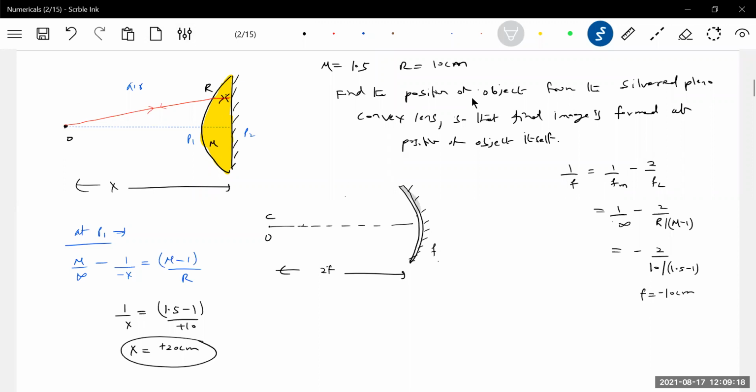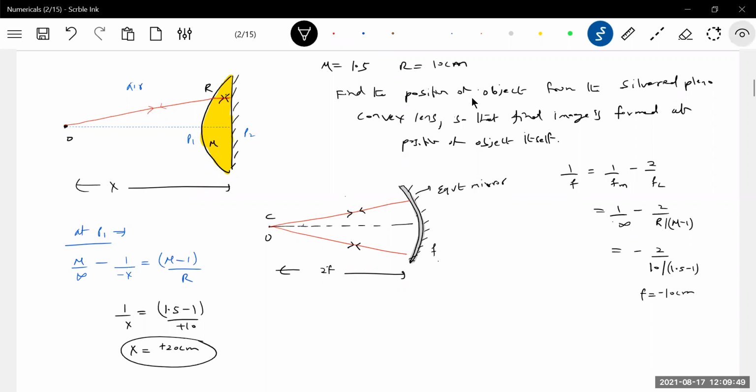Now some numericals, what happen, you can think the first method what I have shown. This is like a mirror. Why concave mirror? Because we got this negative. So the image formed, and this is a very popular question.